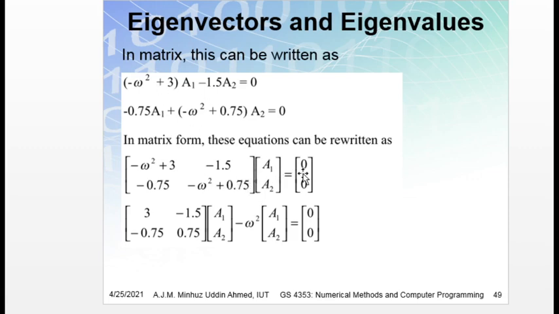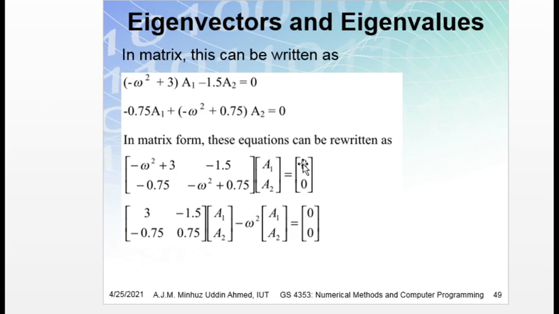So that is the matrix form. Remember one thing: there is 0 on the right side, but we also know that the amplitudes A1, A2 cannot be 0. This is the application where we know that the variables' values will be non-zero. A1, A2 both are non-zero. Amplitude cannot be 0, you know.